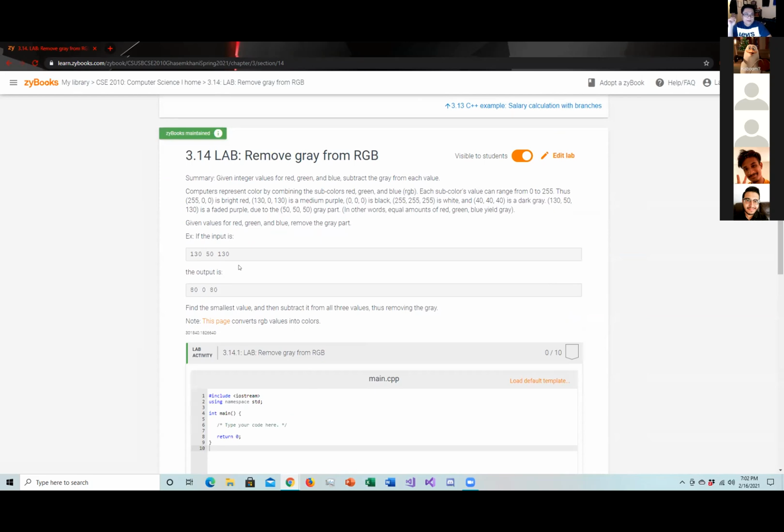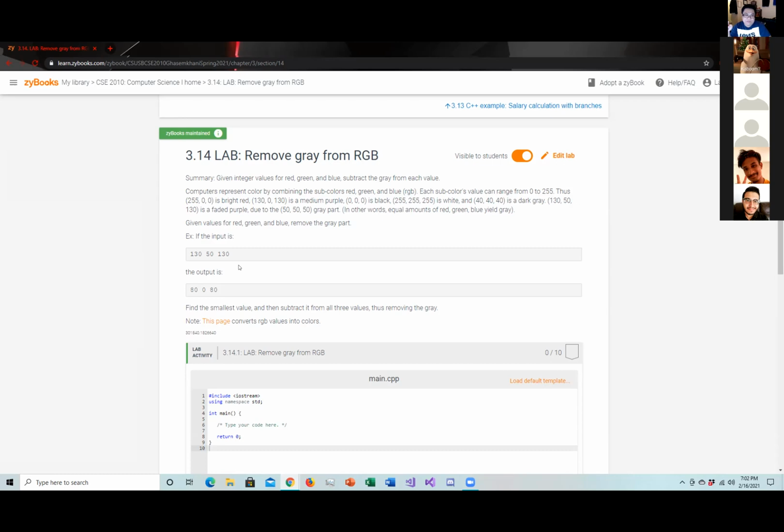So, 3.14 lab, remove gray from RGB. Summary: given integer values for red, green, and blue, subtract the gray from each value. Computers represent color by combining subcolors red, green, and blue. Each subcolor's value can range from 0 to 255.